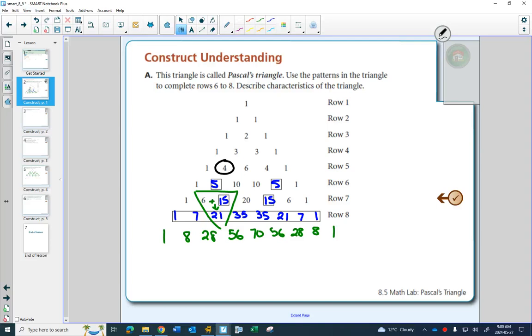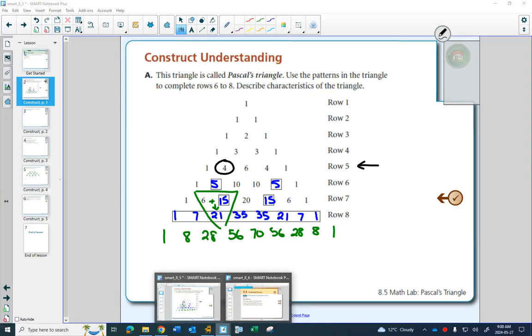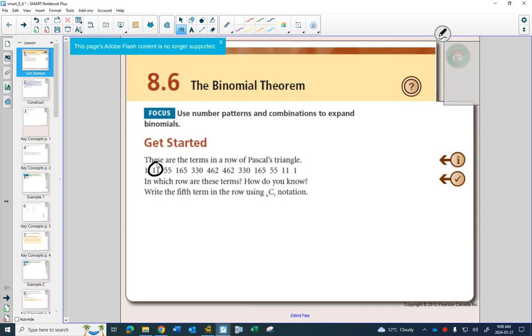So that number is a 4. It happens to be row 5. So on our example here, I have 11. I know it's going to be row 12. If I count how many terms, 1, 2, 3, 4, 5, 6, 7, 8, 9, 10, 11, 12. Row 12 has 12 terms. Row 1 had 1 term, row 2 had 2 terms.